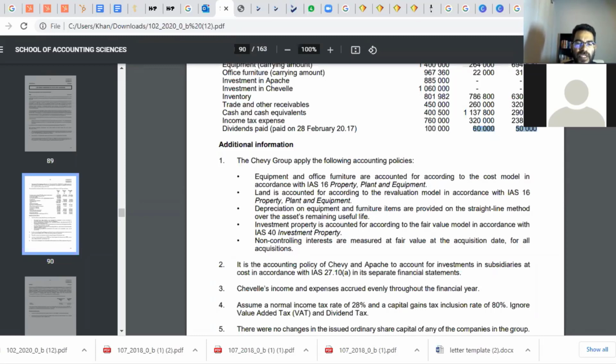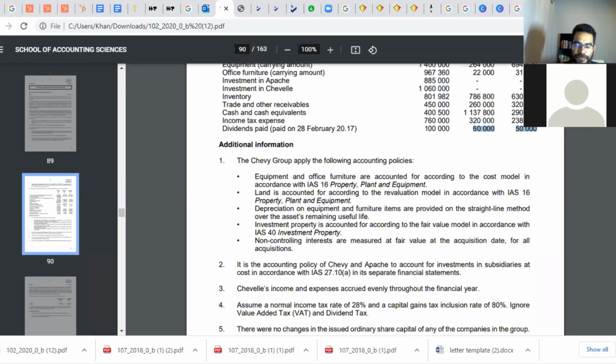It is the accounting policy of Chevy and APAC to account for investment in subsidiaries at cost in accordance with IAS 27. Remember, the parents in their separate financial statements have to apply IAS 27 when accounting for the investment in a subsidiary, an associate, or a joint venture and so forth.